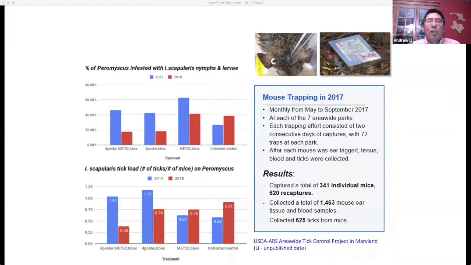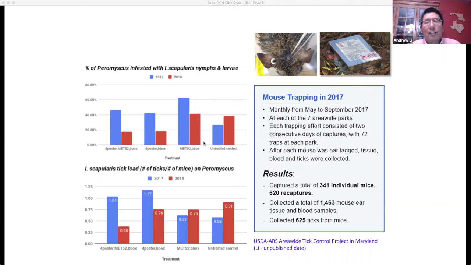This slide I want to show you some preliminary data collected from 2017 and 18. The right column, the bars, is just the untreated site. You can see the top figure showing the percentage of mice infected with immature stages.